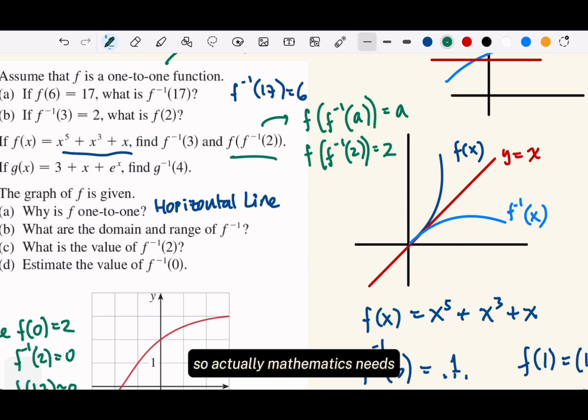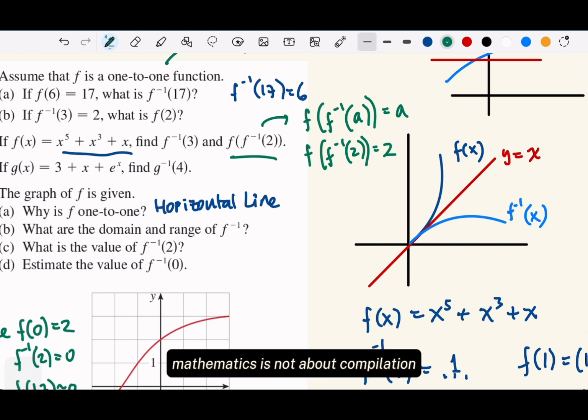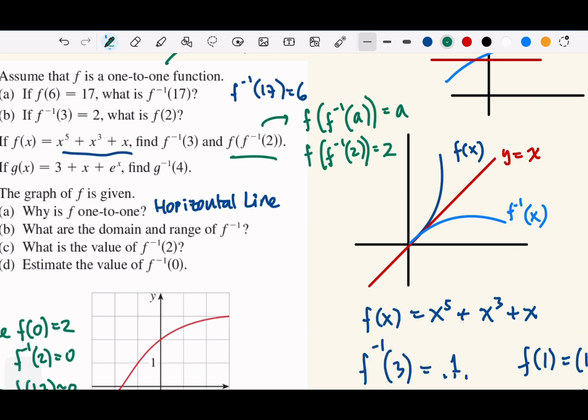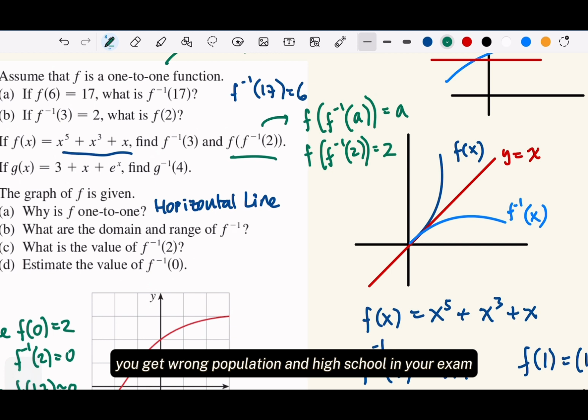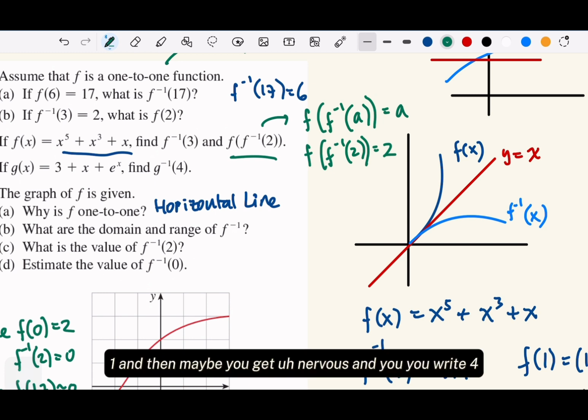So actually, mathematics needs good imagination. The more you can visualize some patterns, some logics in your mind, the better result you can have. Mathematics is not about calculation. It's about logic, reasoning, and patterns. I don't mind if you get a wrong calculation or a typo in your exam. Maybe you get 2 plus 1, and then maybe you get nervous and you write 4.